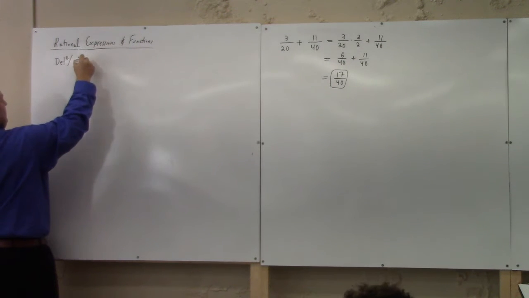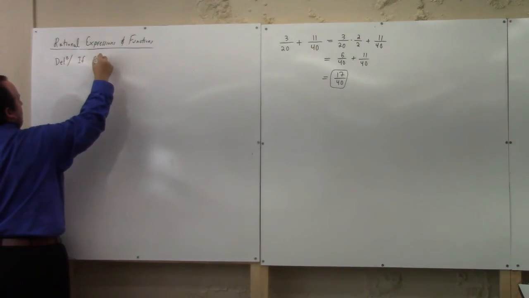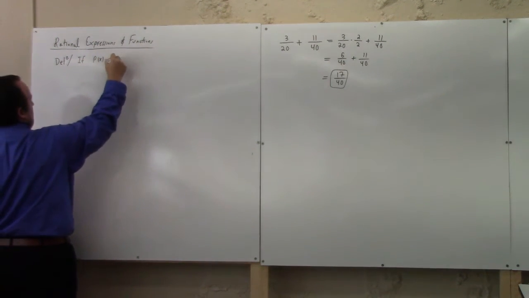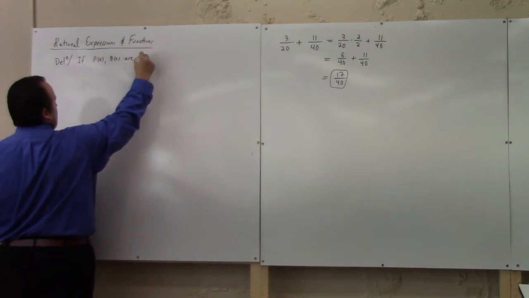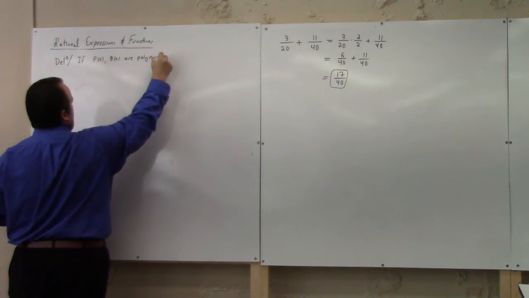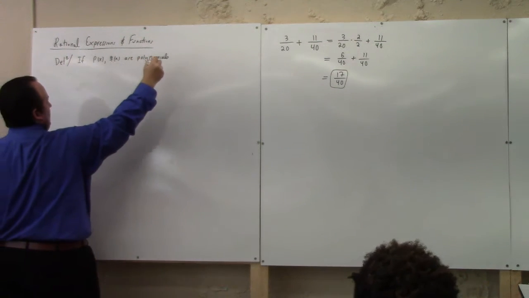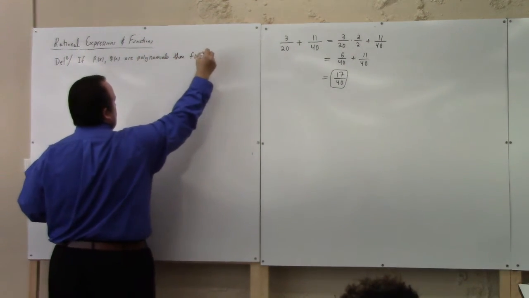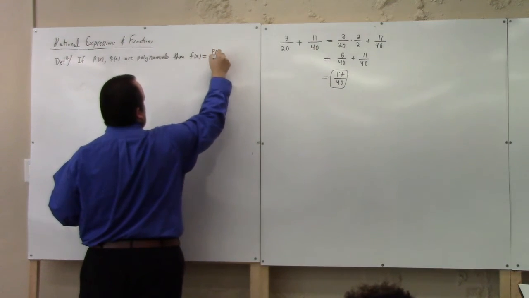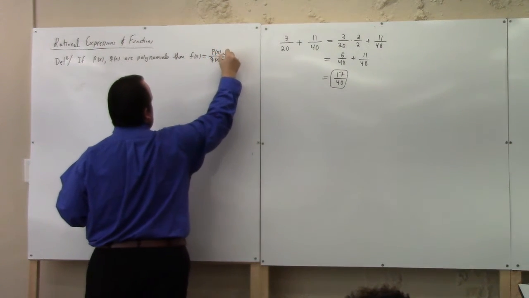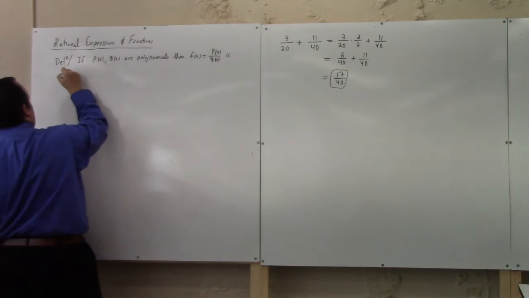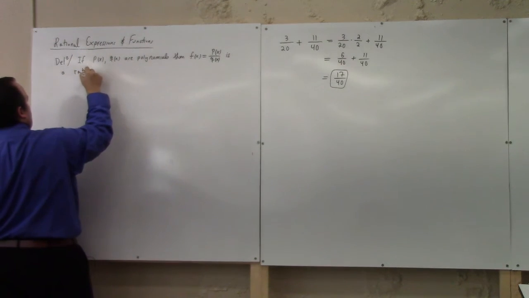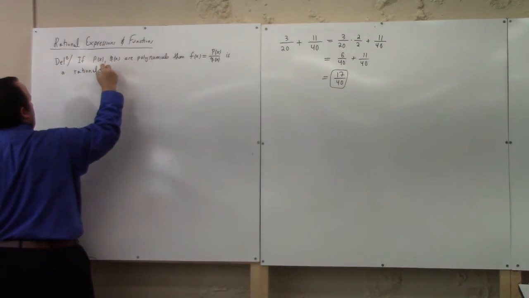If P of x and Q of x are polynomials, all right, then f of x equal to P of x over Q of x is a rational function.